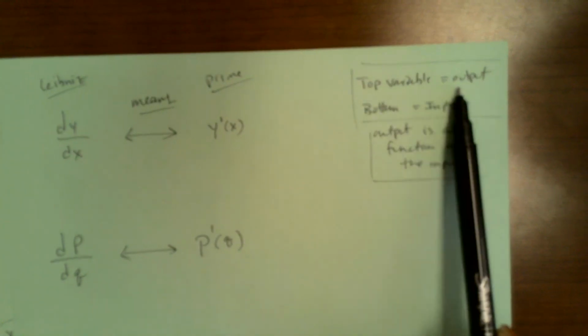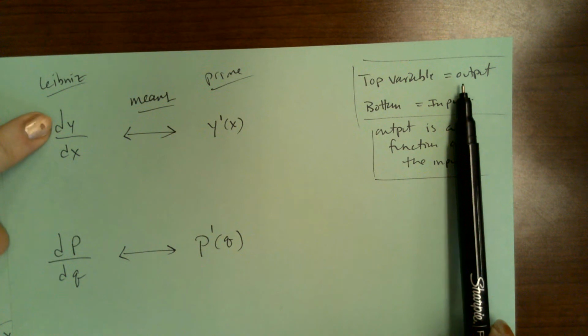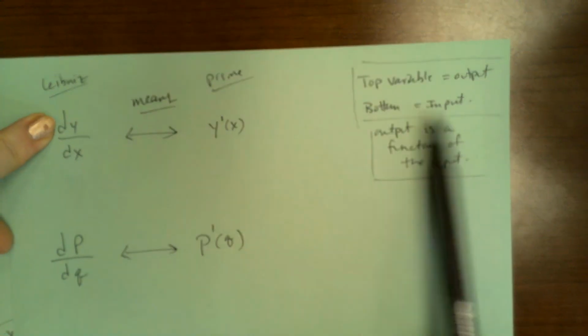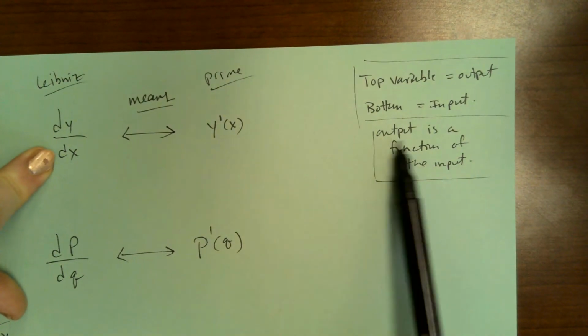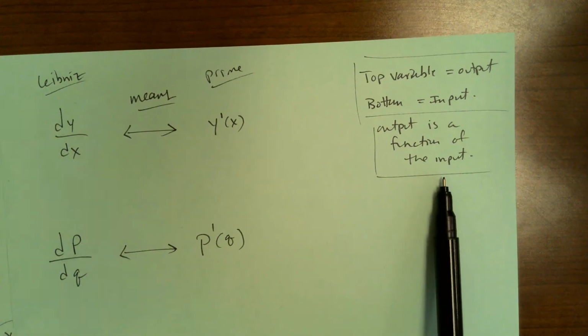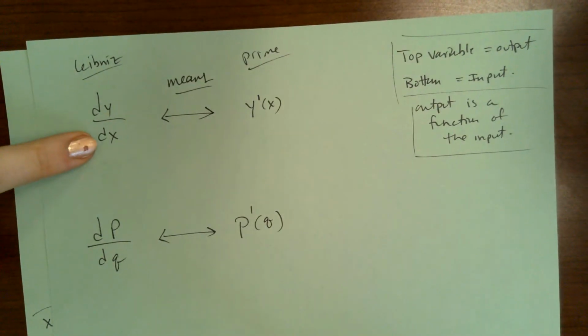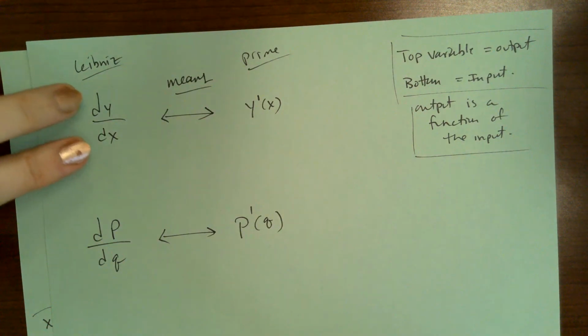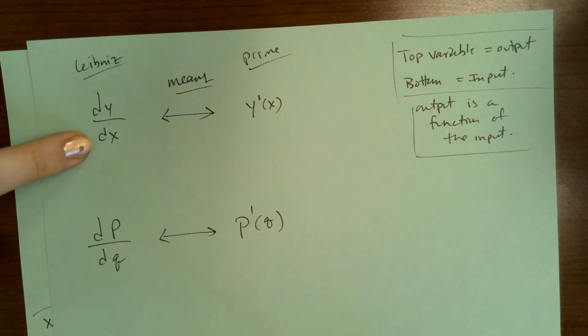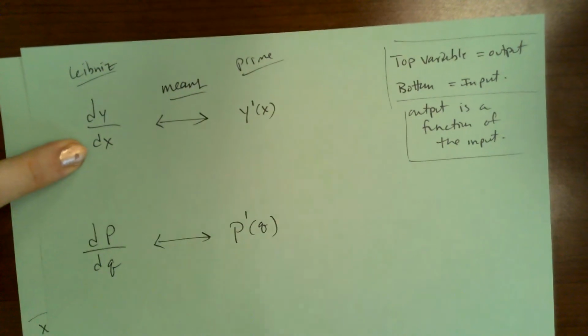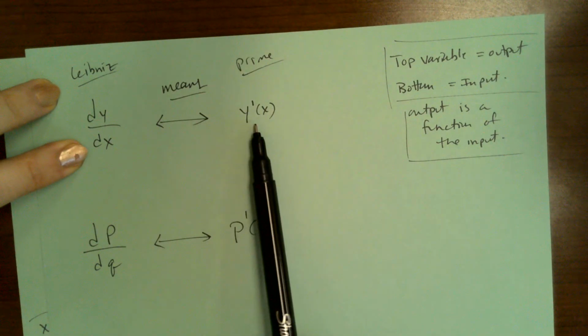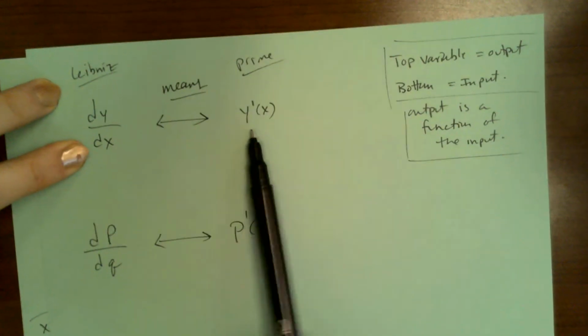It's important to know that the top variable in Leibniz notation, which in this case is y, is the output, the bottom variable, which is x, is the input. And the output is always a function of the input. So if they're asking you to find dy/dx, they're implying that y is a function of x. Okay, so y of x would be the function, and then in prime notation, y prime of x.